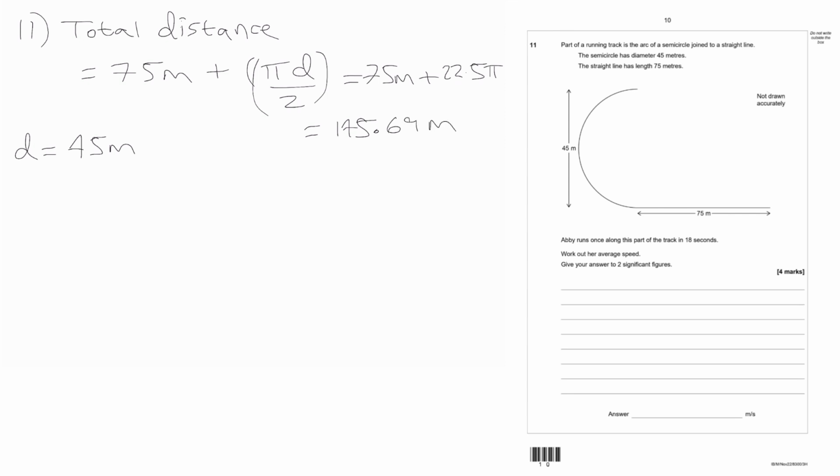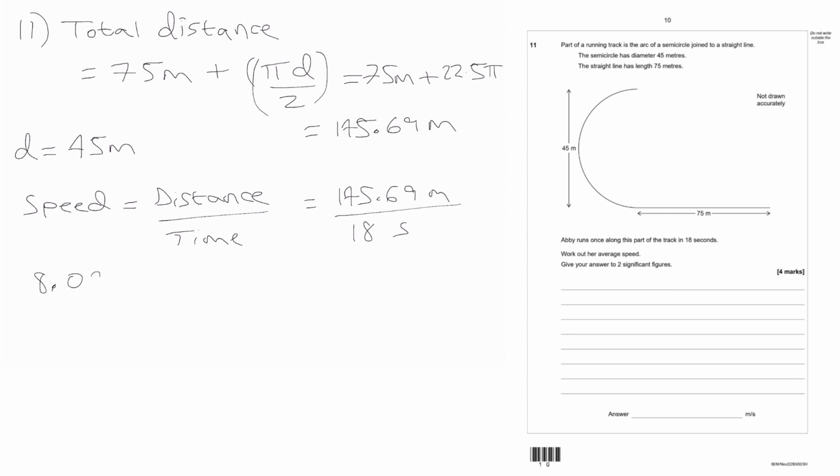So now that we know this, the speed is given by distance over time, where we know that her time is 18 seconds. So this is going to be 145.69 meters over 18 seconds, which gives us 8.09 meters per second.